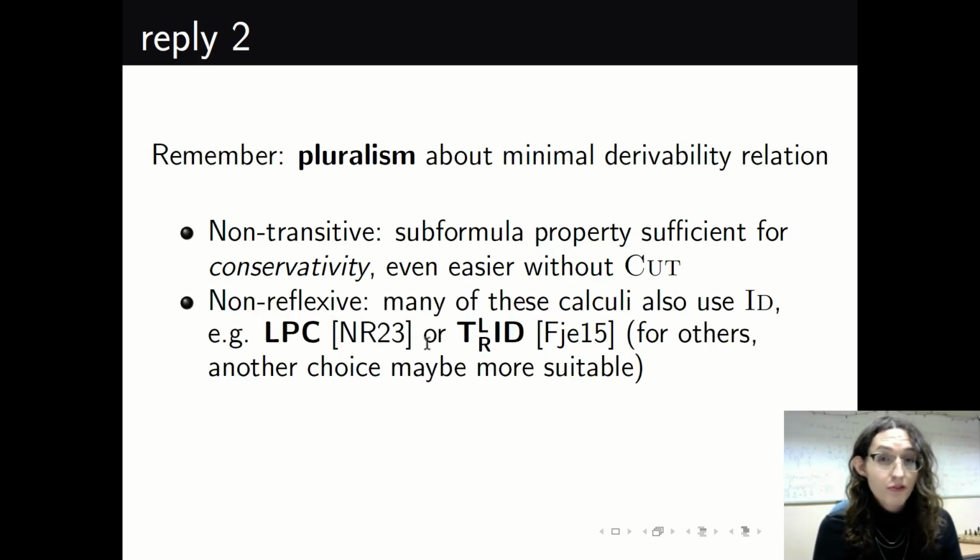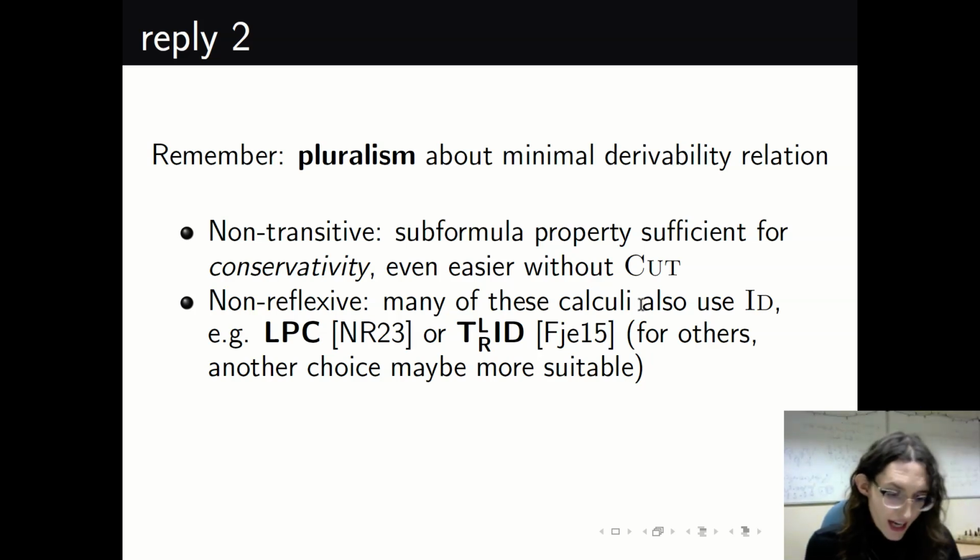Now, in the case of non-reflexive calculi, things aren't quite as simple. However, many, maybe even most of the non-reflexive calculi do still use an identity axiom, such as LPC or TLID. For others that don't use identity, another choice might be a bit more suitable.